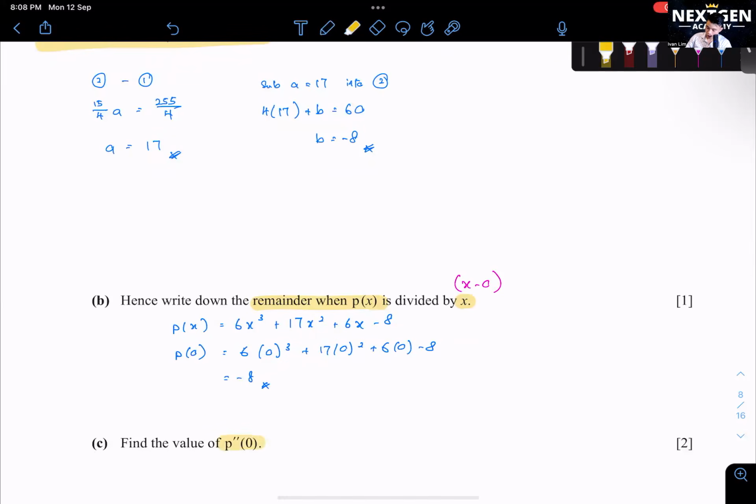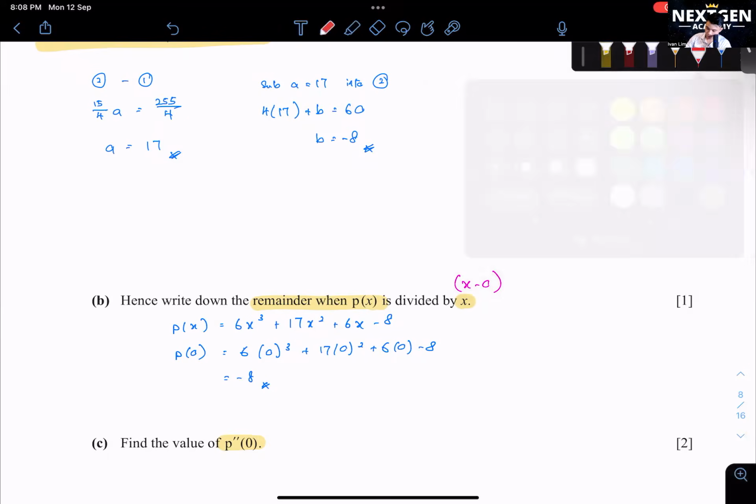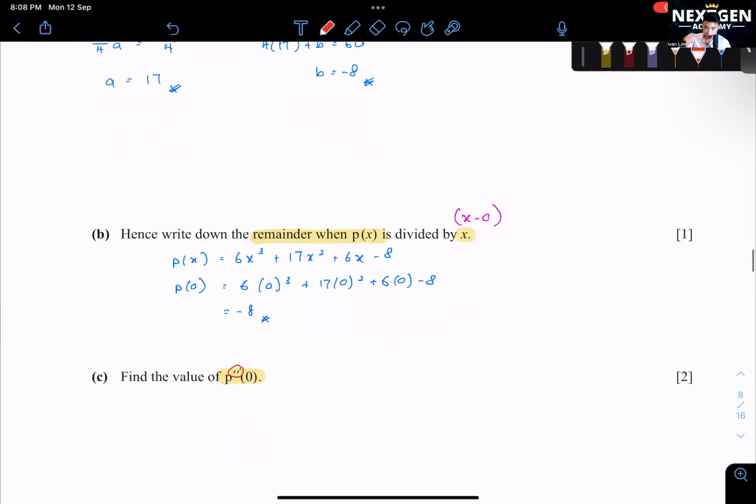Question C, find the value of P double prime 0. What's this symbol? I saw many of you don't know how to do this also. P double prime 0. What does the symbol represent? It means your derivative. So you have to know if fx like this, f prime x is actually dy over dx.